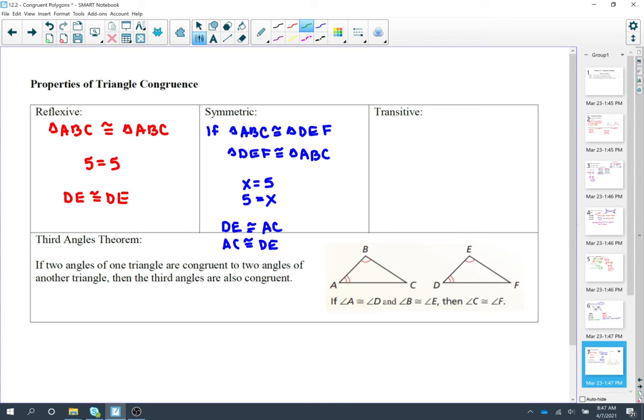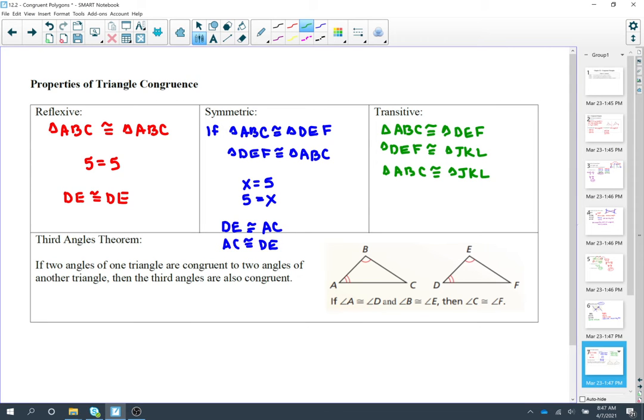So the transitive property says if triangle ABC is congruent to triangle DEF, and triangle DEF is congruent to triangle JKL, then we can say that triangle ABC is congruent to triangle JKL.